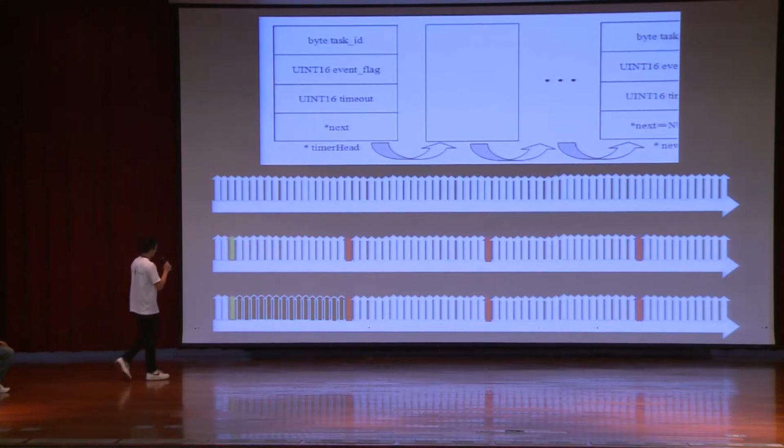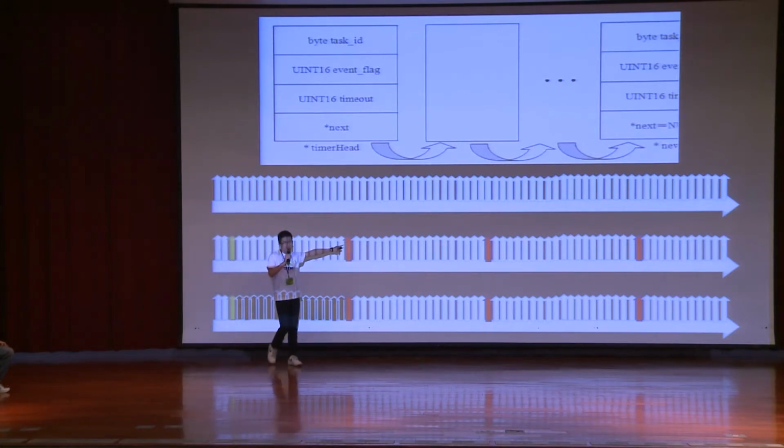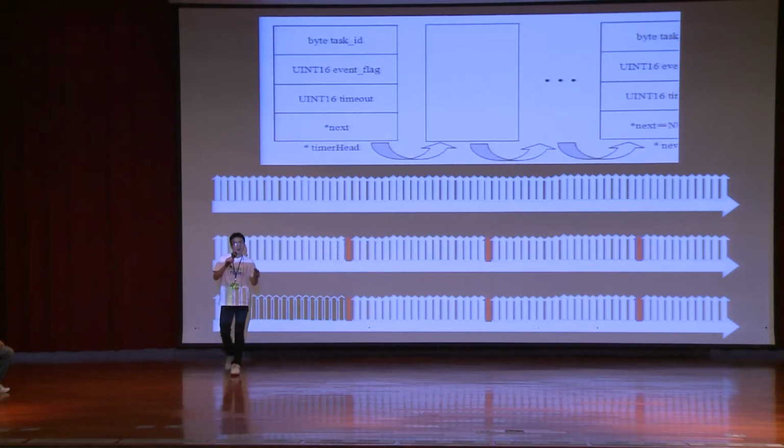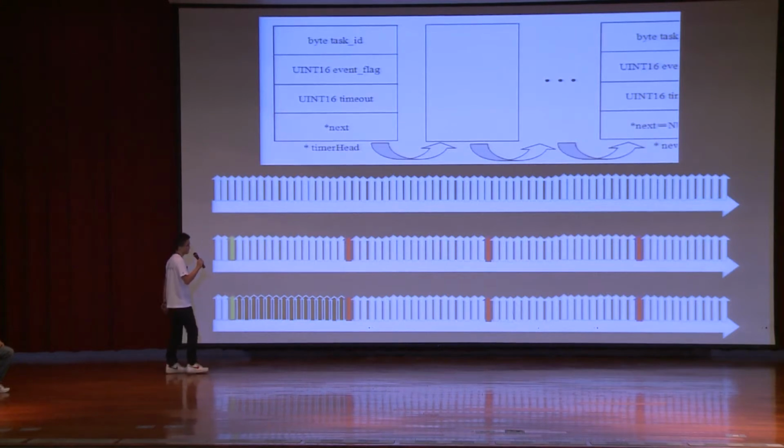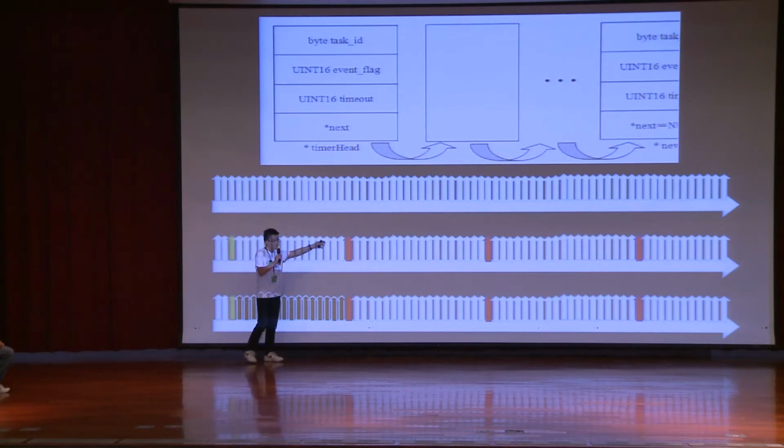But in our system, if this green arrow is the current time, and all the red arrows are the times when a command should be executed. In a common operating system, this part of the code will repeat again and again in this period of time. Actually, it does nothing, and the power is wasted.